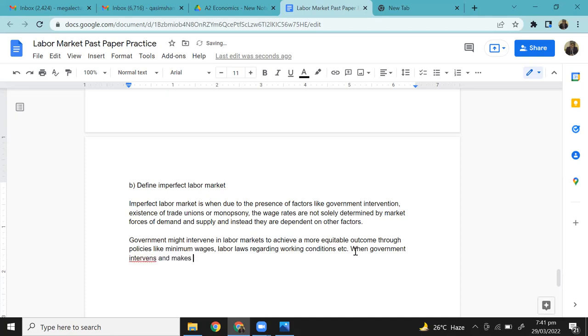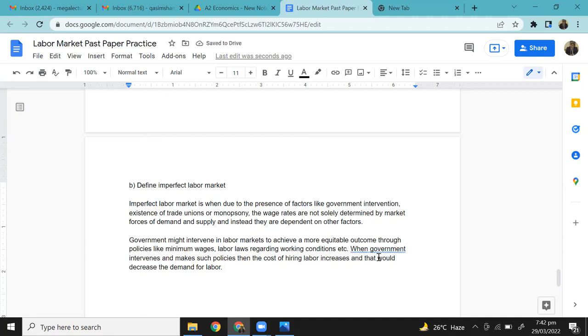It makes such policies, then the cost of hiring labor increases, and that would decrease the demand for labor. Okay, have a look at this.